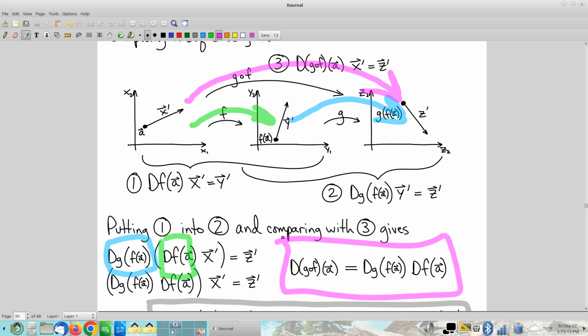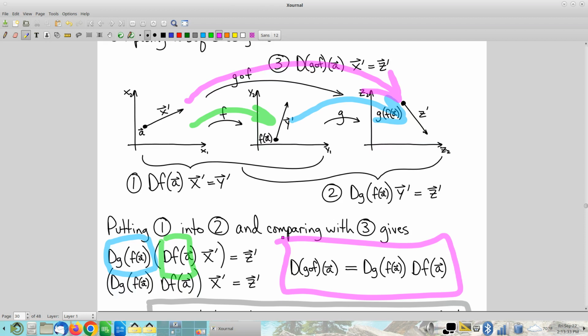Where did the x prime go? Oh, well, I'm just making the observation that if you look at this equation right here, this product, dg times df, is what you multiply by x prime to get z prime.